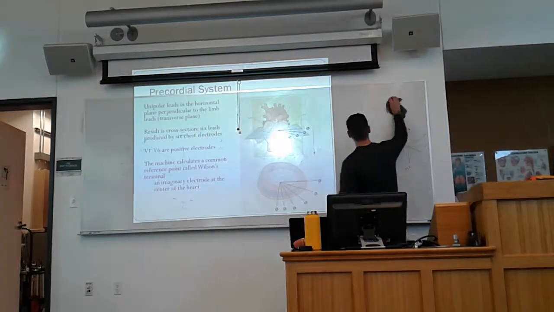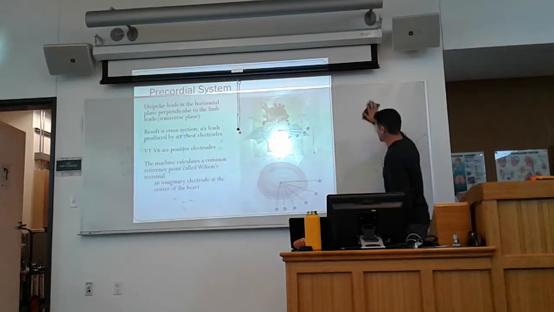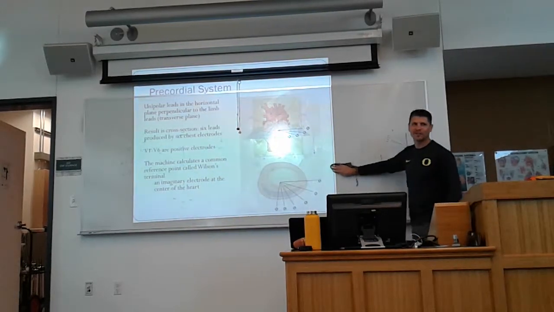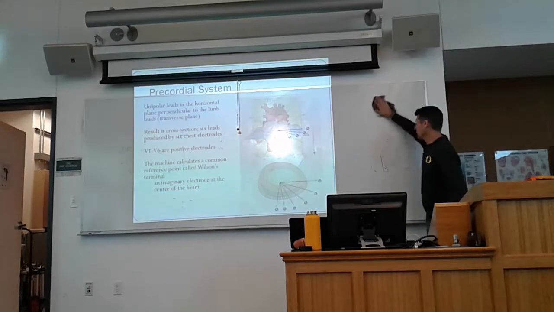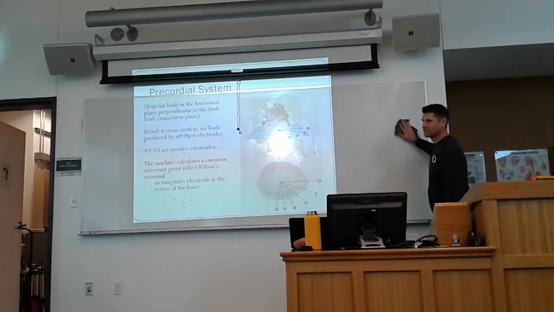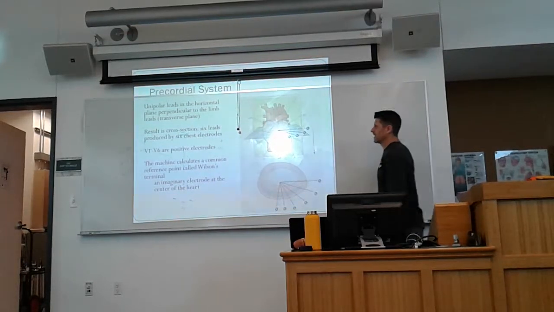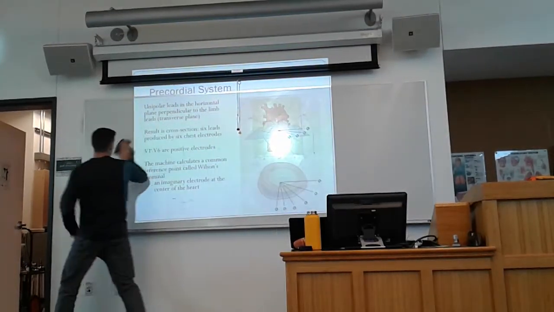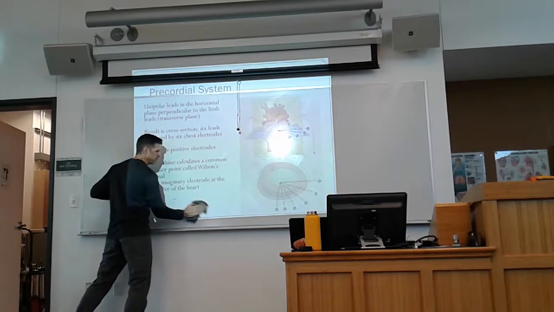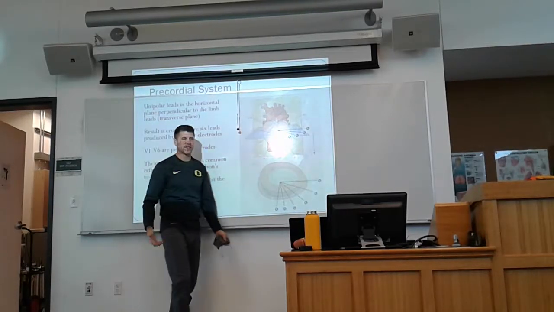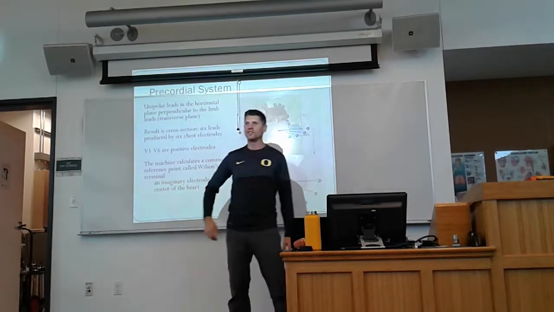In these leads, we simply can't put any more electrodes on our patients. We can't just keep loading them up with stickers and still be okay with the patient. One, we get overloaded on the patient. Two, the locations of where we'd have to put all those things is disruptive. It's hard to do.